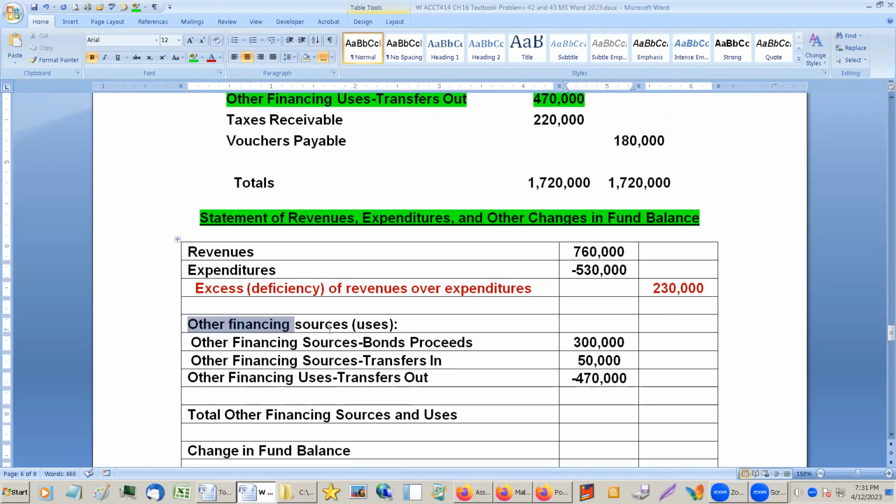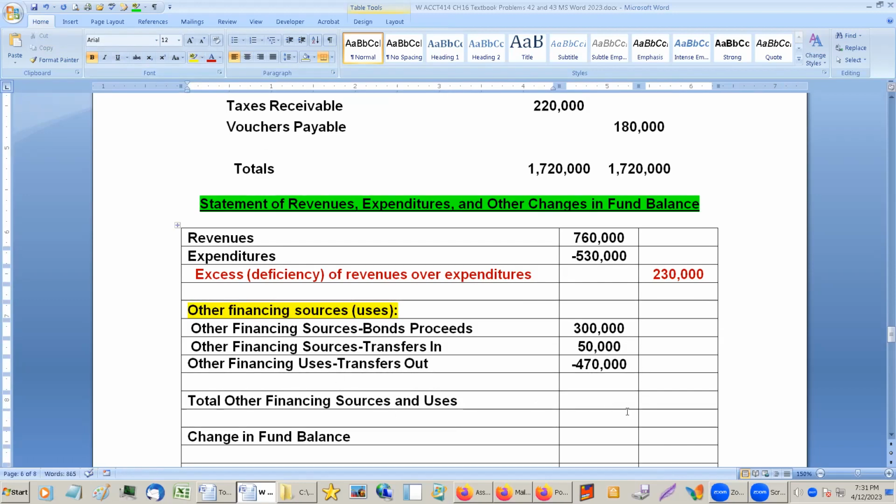Okay, so under this section, whatever that comes up to. What is that? 350 minus 470, that'd be a negative something. Negative 120,000.